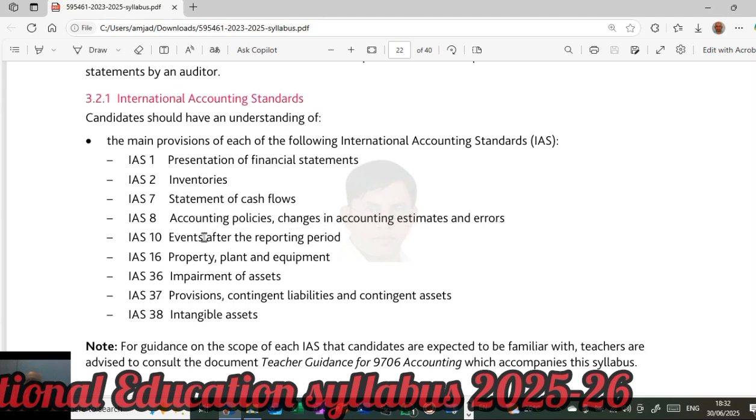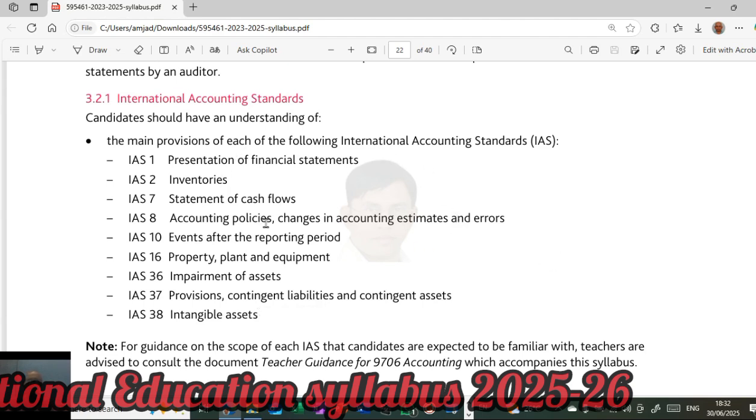Events after the reporting period, what to do, and property, plant and equipment, the schedule of assets, all those things, and impairment of assets, how to treat, how to record, how to make the proper entries, provisions, contingent liabilities, and contingent assets, concepts related to that, and intangible assets, all concepts related to this. You need to be very familiar with all these things.